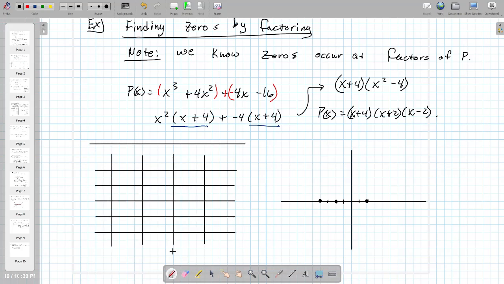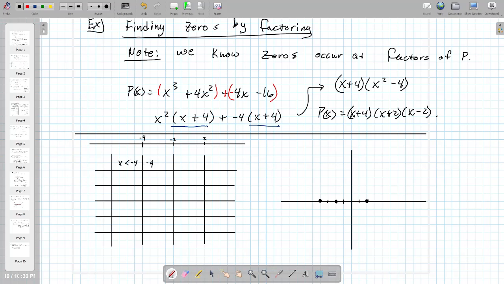So on our number line, at negative 4, our function is 0. At negative 2, our function is 0. And at 2, our function is 0. Now here, this interval is going to be that x is less than negative 4.